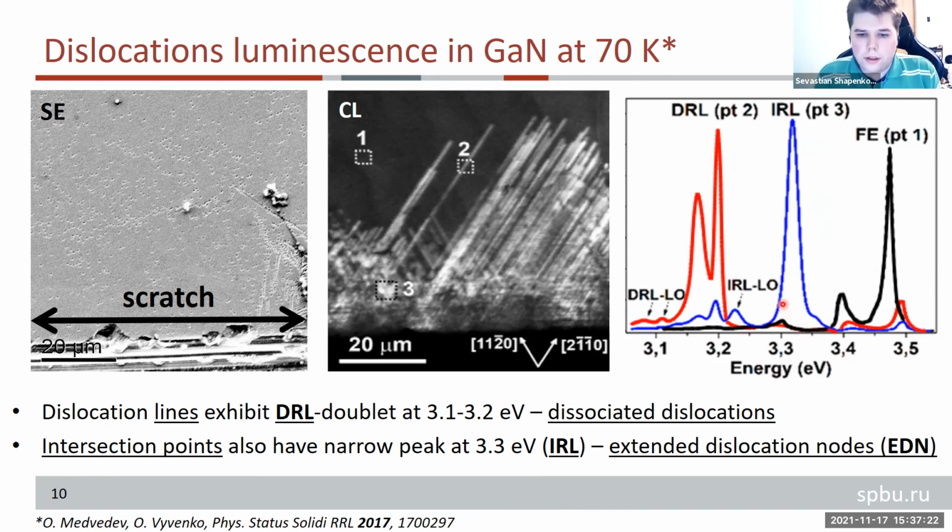And from the data from previous studies of different wurtzite type semiconductors, it was considered that DRL is from the shaded dislocations, and that IRL is from the extended dislocation nodes.